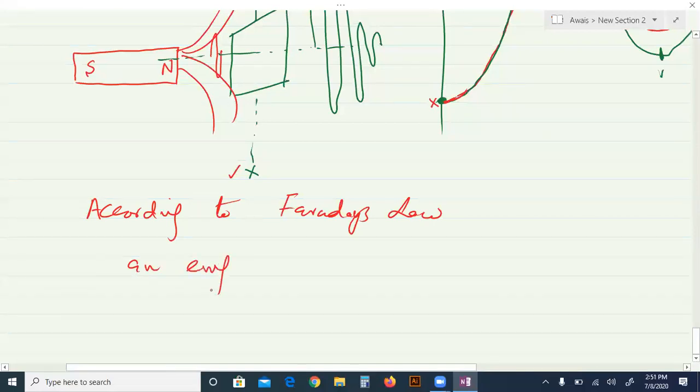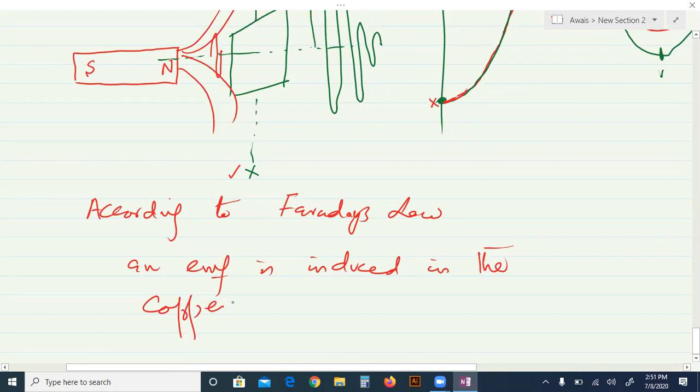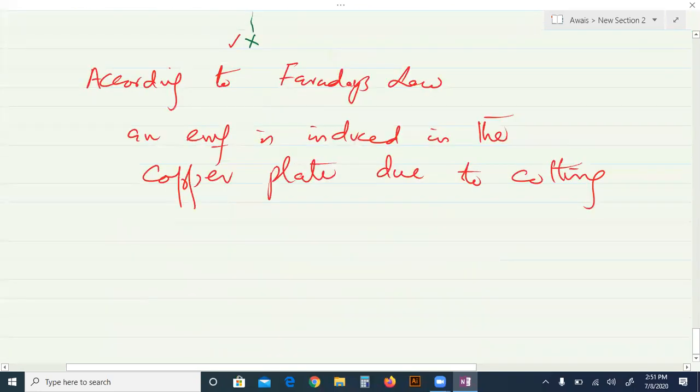an EMF is induced in the copper plate due to cutting of the magnetic flux of the magnet.